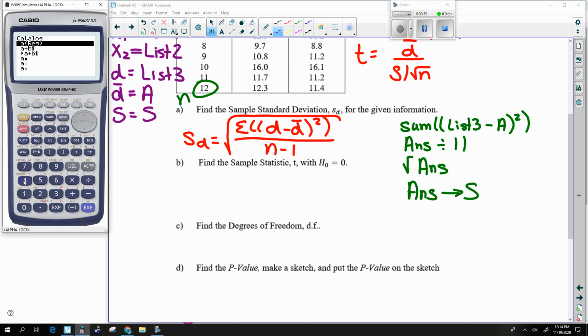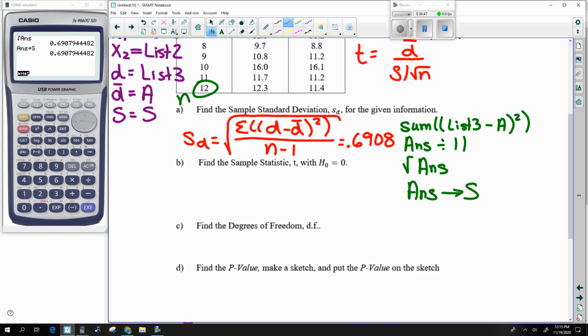Okay. So here we go. So our standard deviation in this case is 6.6908.